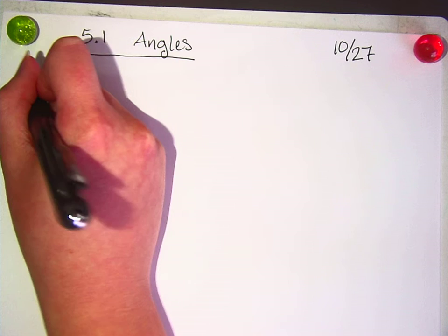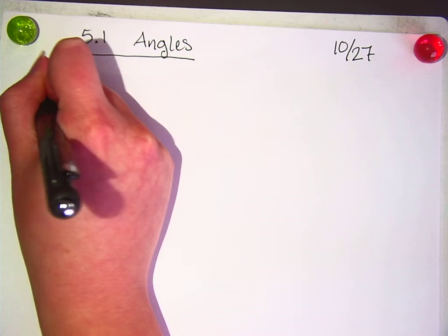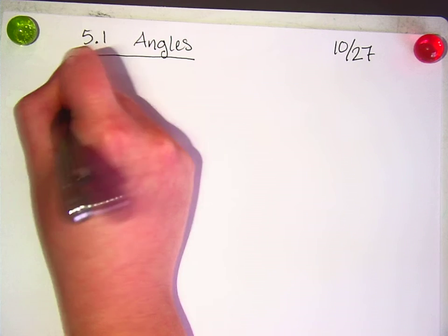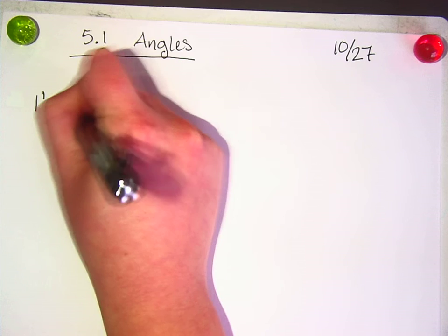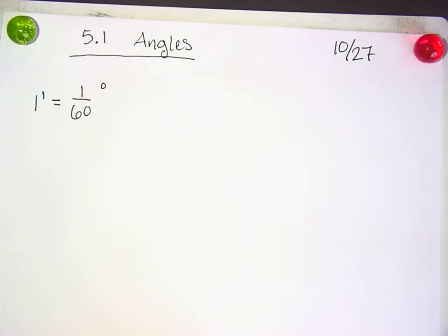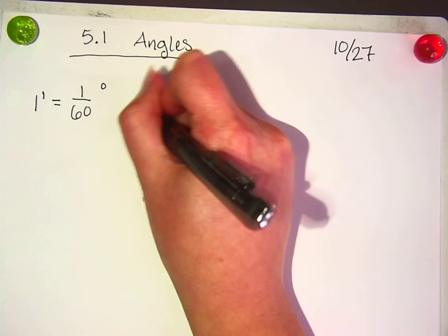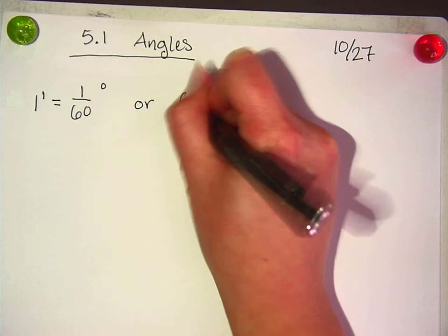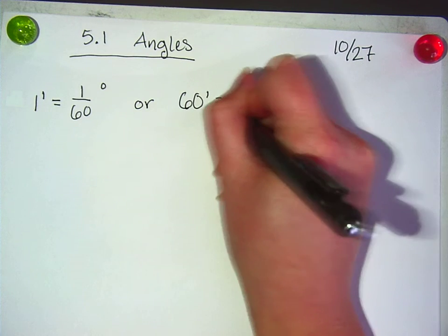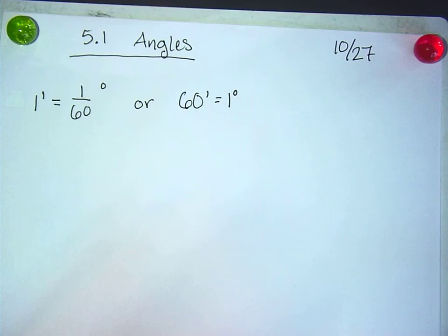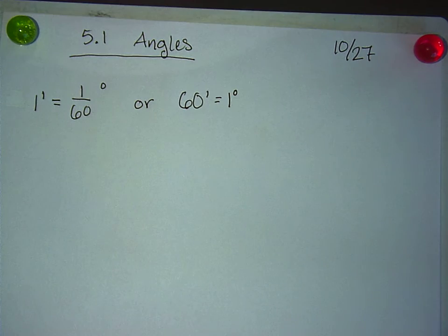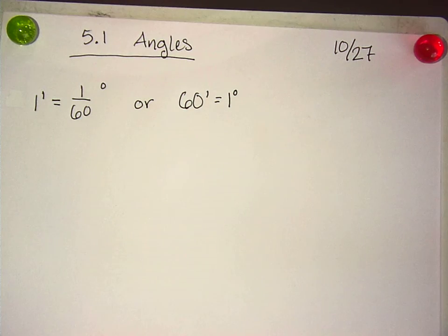So 1 minute equals 1/60th degree. Another way to look at that is that 60 minutes equals 1 degree. Yep, that's the one apostrophe, just like you normally use an apostrophe for feet.